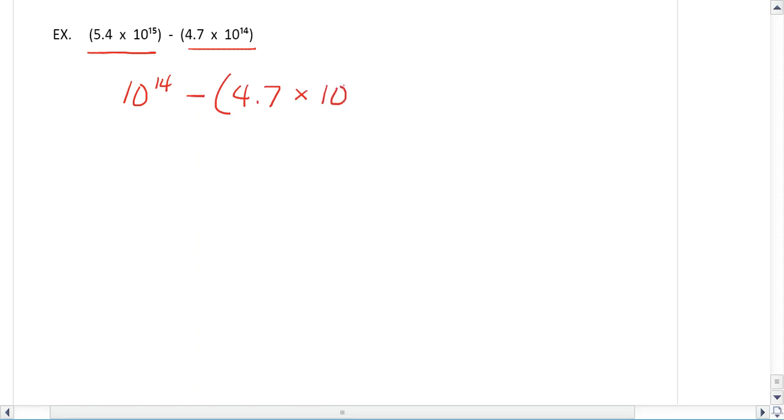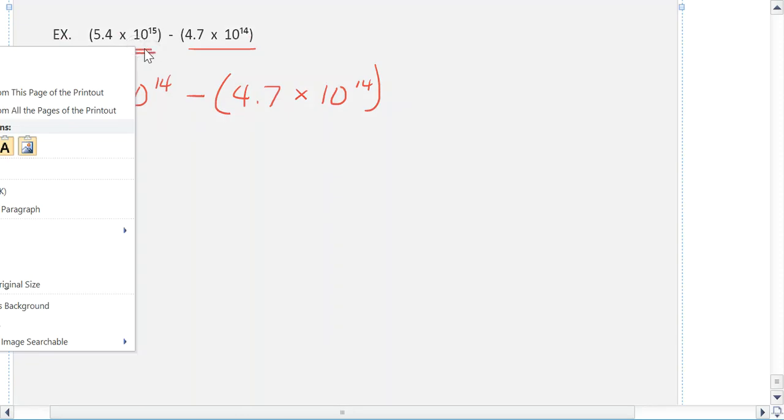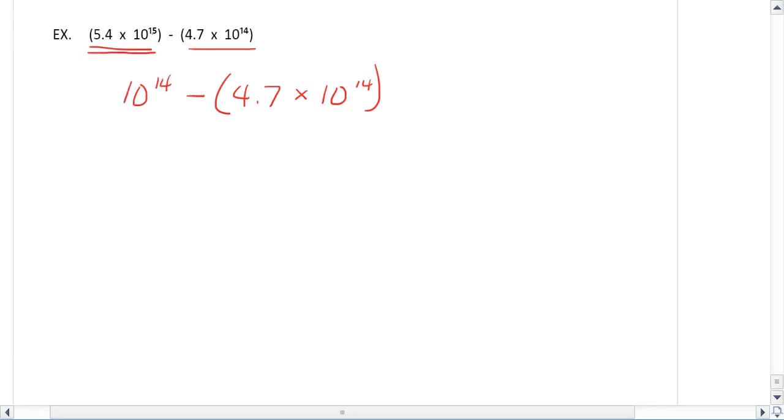So I guess since I started writing this first one to the 14th power, I'm going to leave this second one alone, and I'm going to change this one. So you'll notice it was 10 to the 15th, now it's 10 to the 14th. This exponent came down, therefore I have to make my number bigger. So 5.4 becomes 54.